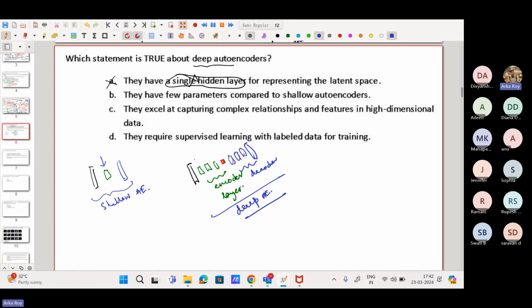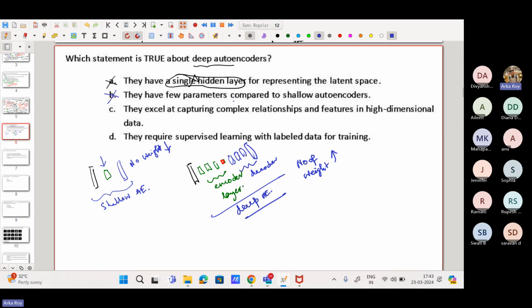As you increase the number of layers, the number of weights will increase. Over here the number of hidden layers is less, so the number of weights will also be less. So, deep autoencoders have few parameters compared to shallow autoencoders.